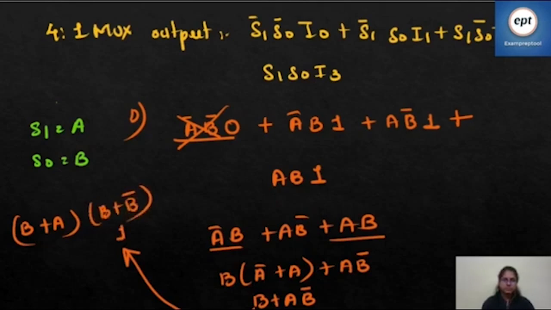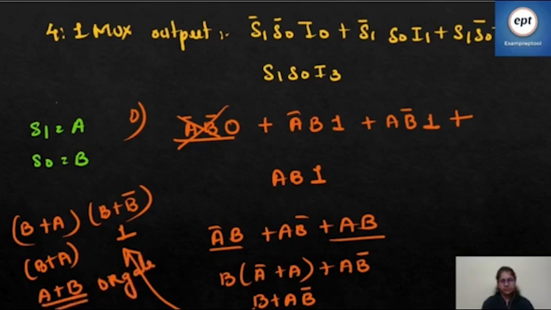So this comes out to be 1, and this will be B plus A. And this is the OR expression, it is commutative also, so it will be A plus B. So this is none other than the OR gate expression we got. So option D is also incorrect, as we all know.